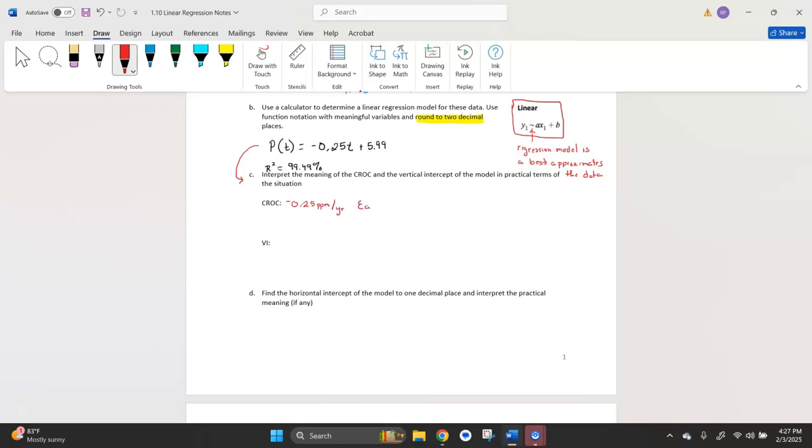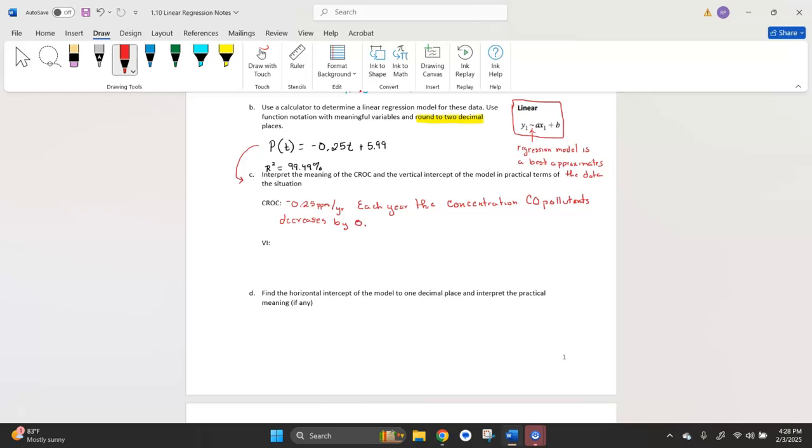So each year, the concentration of carbon monoxide pollutants decreases by 0.25.